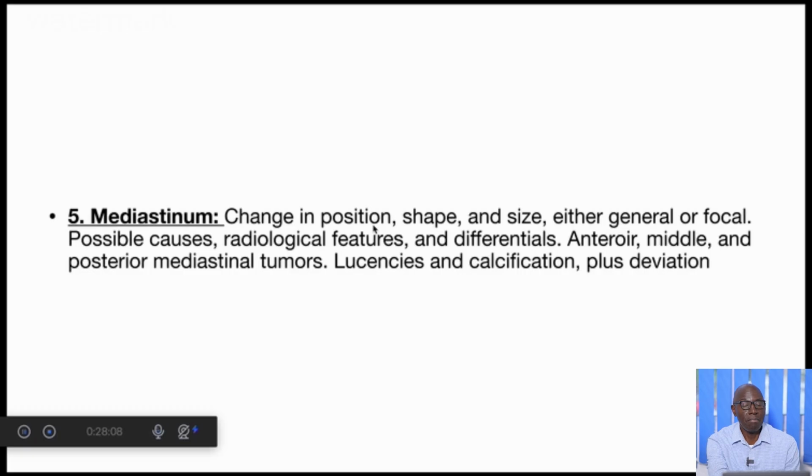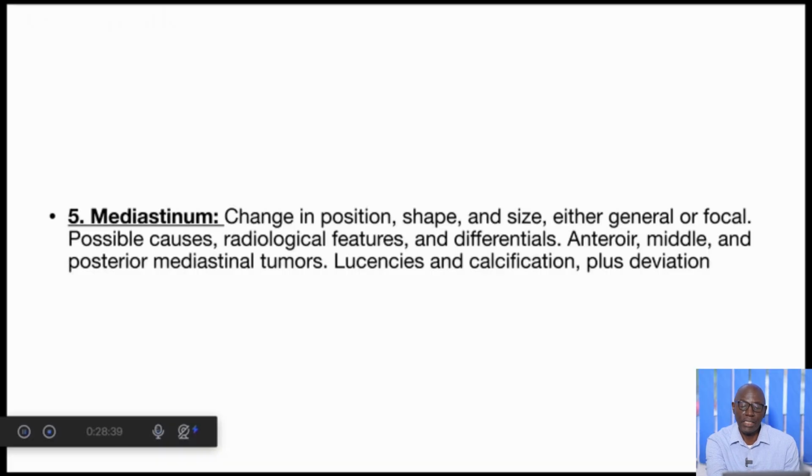In the mediastinum, of importance, we look at any change in position. Sometimes the mediastinum may be deviated to one side or the other. The shapes may enlarge, and the sizes, of course, and either this may be general or focal. Possible causes, radiological features and differential diagnosis are always put into consideration, especially when one is thinking about the part of the mediastinum that is involved.